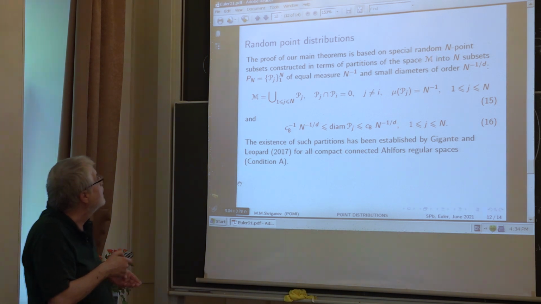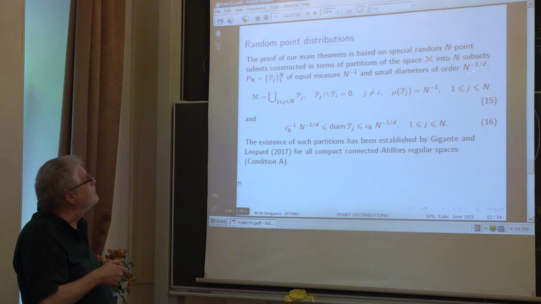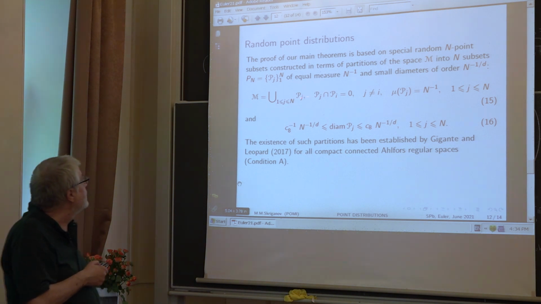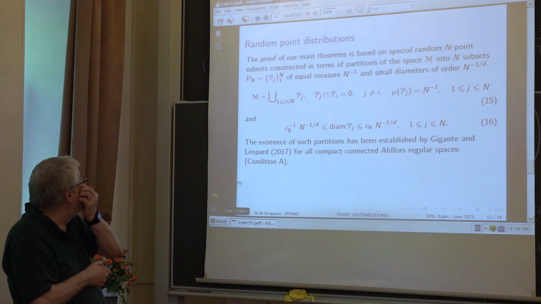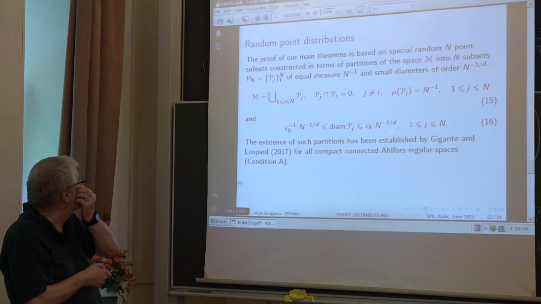And the diameters of these subsets are of this small order. This is a very interesting result, and the proof is very non-trivial.